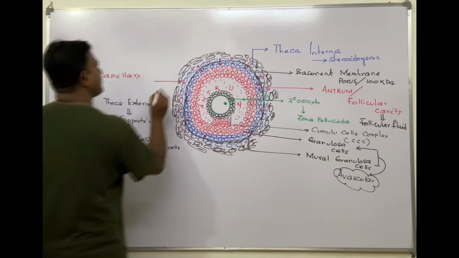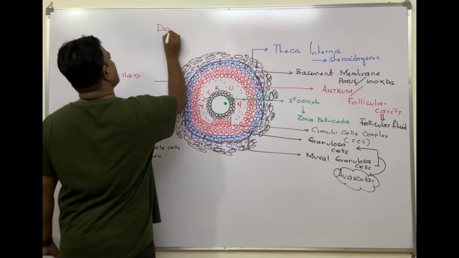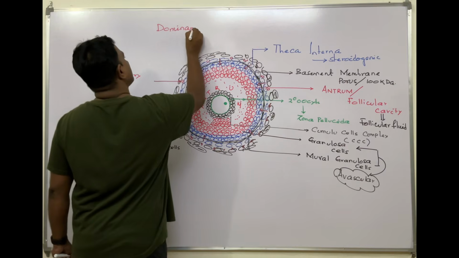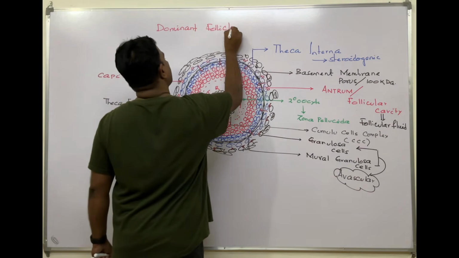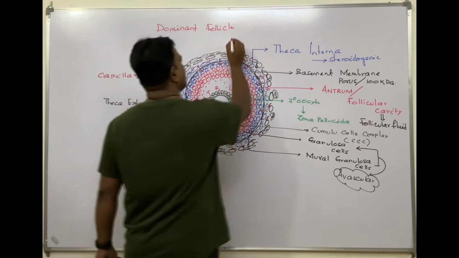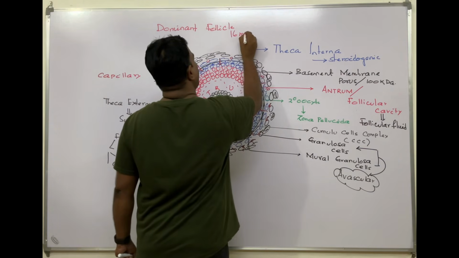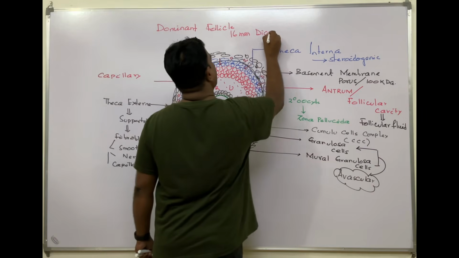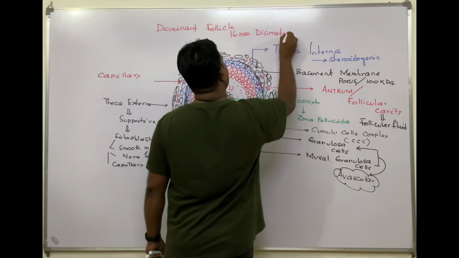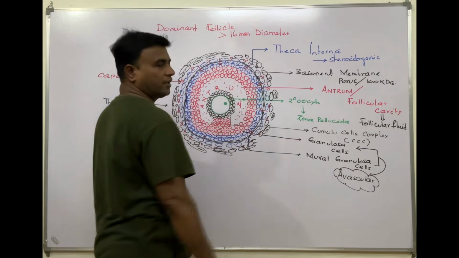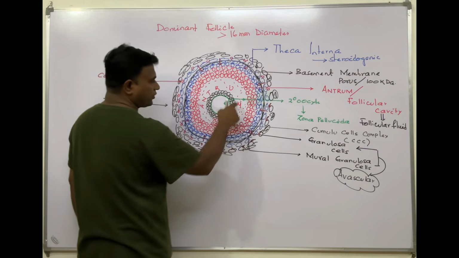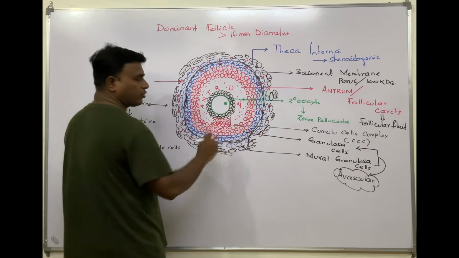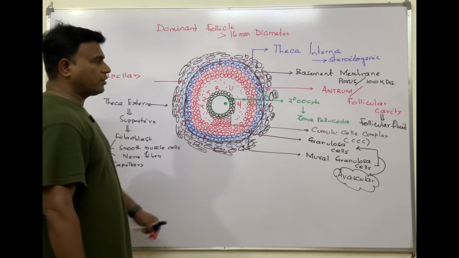So this is the diagram of a dominant follicle which has undergone complete development, around 16 mm in diameter on average, ready to undergo expansion, contraction and rupture. The secondary oocyte will come outside along with the cumulus and the surrounding glycomatrix. I will show that in the mechanism.